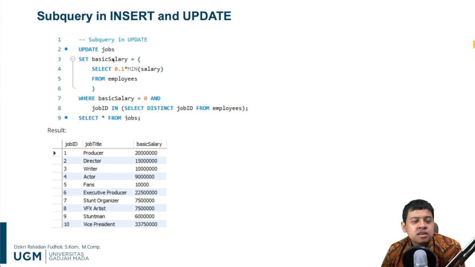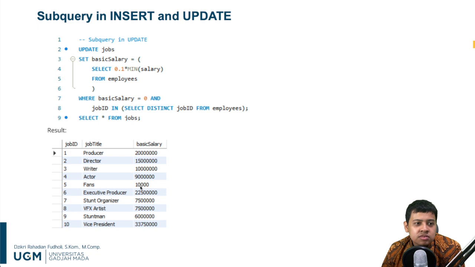We just want to give a 10% salary to the one who doesn't have a basic salary. As we see in the before table, fans does not have a basic salary, but with this update, the basic salary of fans is updated to 10% of the minimum salary of the employees.